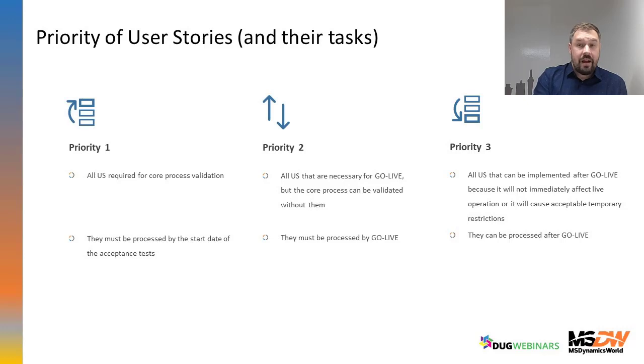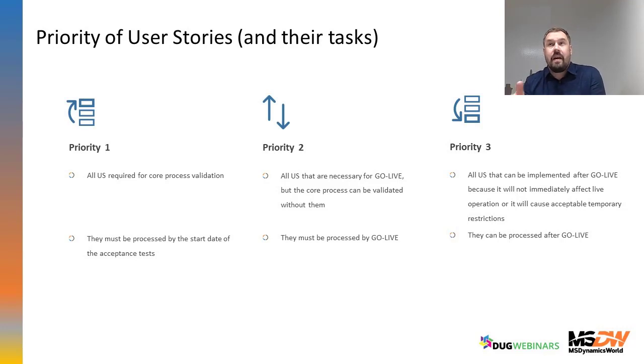Priority three are all tasks which can be implemented after go live. So everything that is not needed for go live should be priority three, because everybody needs a large project to be as small as possible, because everything more than is important is only a risk for possible delay.